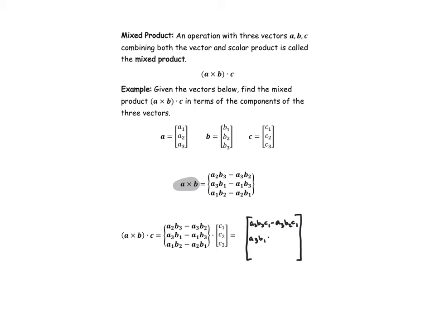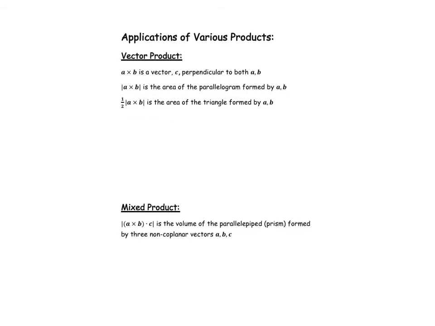A3, B1, C2 minus A1, B3, C2, excuse me, that should be C2. And then A1, B2, C3 minus A2, B1, C3. So you can kind of see where we're headed with this. We're going to do some practical work with this, with actual numbers, in a moment. So let's get to it.